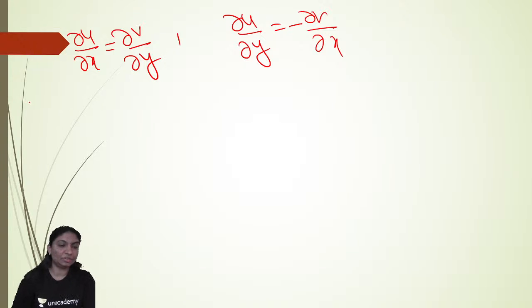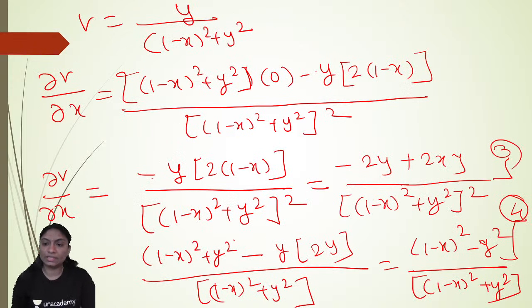Hence the partial derivatives are continuous everywhere except at x equal to 1 and y equal to 0.